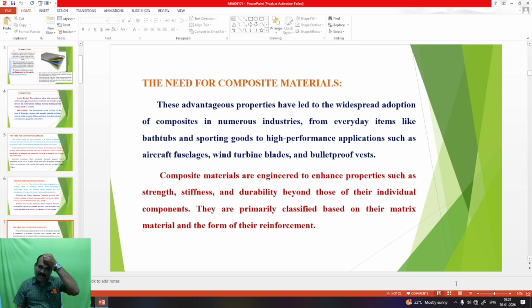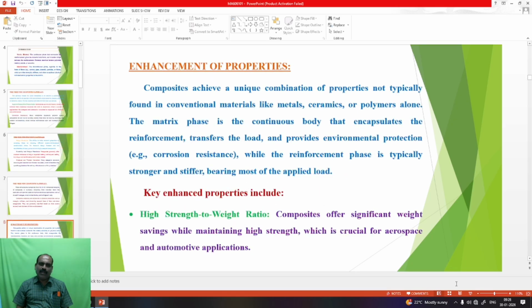Composite materials are engineered to enhance properties such as strength, stiffness and durability beyond those of their individual components. They are primarily classified on their matrix material and the form of their reinforcement. Enhancement of properties: composites achieve a unique combination of properties not typically found in conventional materials like metals, ceramics and polymers alone.